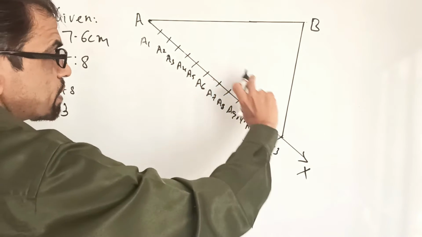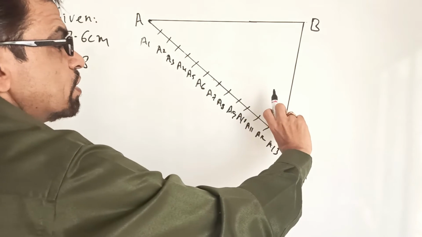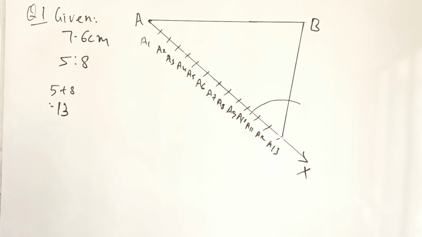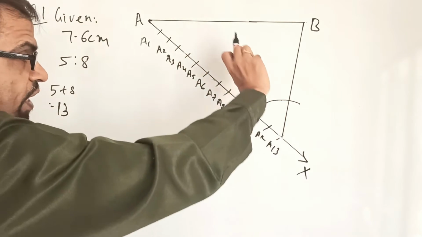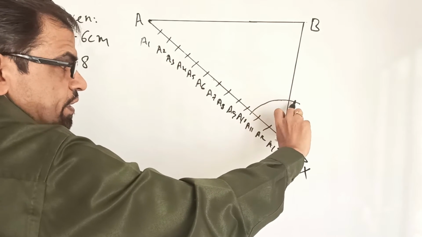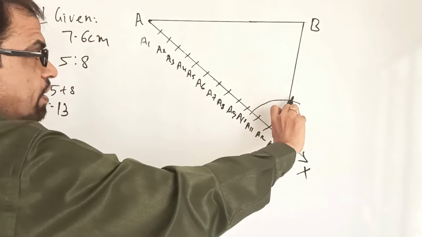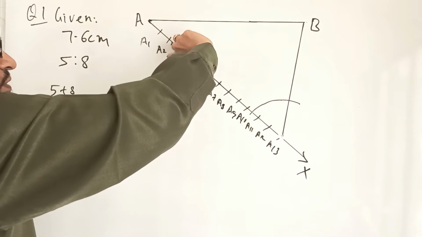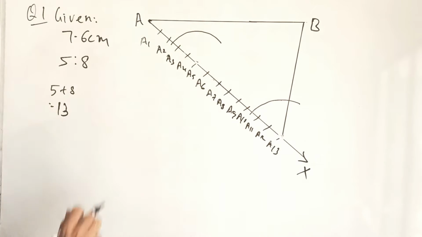How to make the corresponding angle, the same angle? With center A13, draw an arc of any radius. Don't disturb this. Then with the same radius, on A5 you draw one arc.